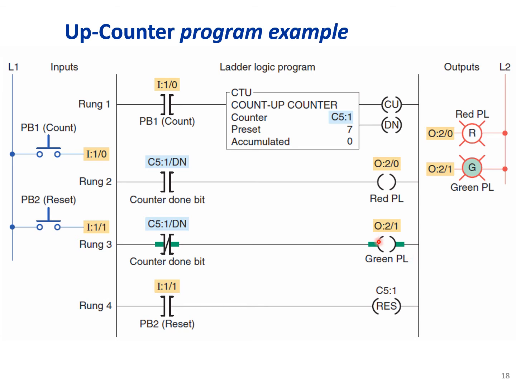Once we reach the number 7 and beyond, the green pilot light will be off and the red pilot light will be on. We need to press push button 2 to reset the counter and reset the pilot lights as well.